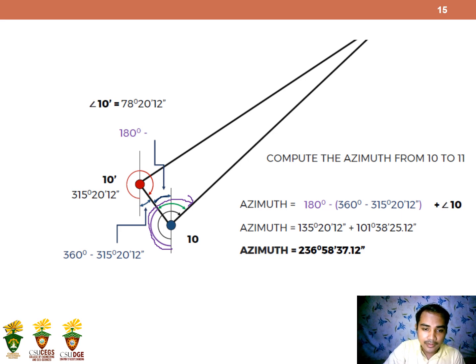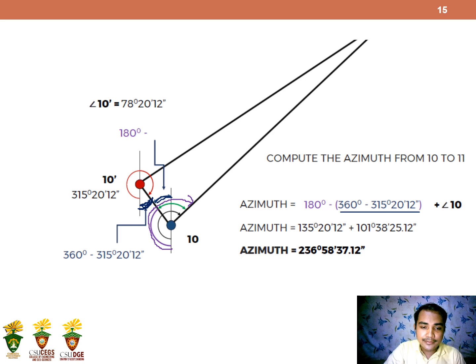To get that angle, we visualize that a full rotation is 360 degrees minus the red angle. So it is just 360 degrees minus 315 degrees 20 minutes 12 seconds, which is the red angle.